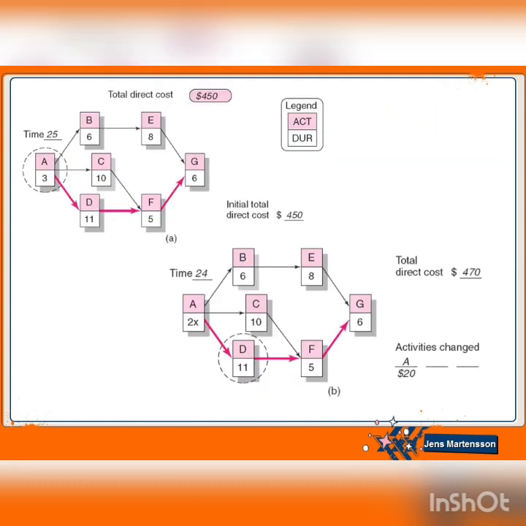For a duration of 25 days, the total direct cost is $450. If the project duration is reduced to 24 days, then activity A is reduced by 1 day at a slope cost of $20, so the total direct cost is $470.